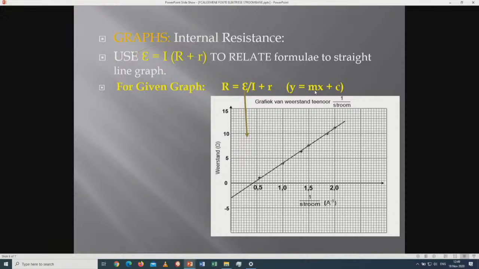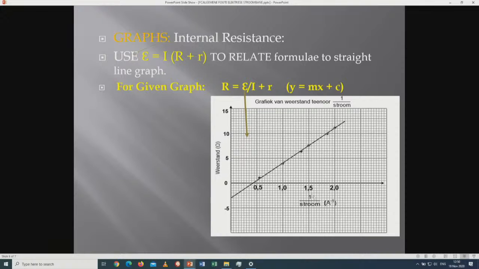So now if they ask you to calculate the EMF of the battery, you must calculate the gradient of the graph, and so you can solve this difficult question. But the key issue here is that you must rewrite this formula according to the graph given, with your y, your dependent variable, and your x, your independent variable.